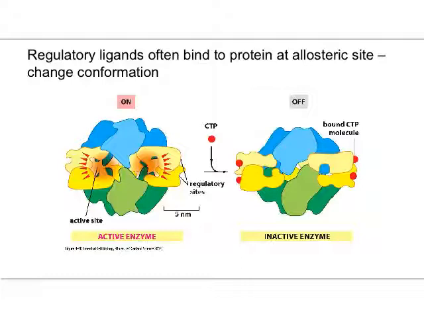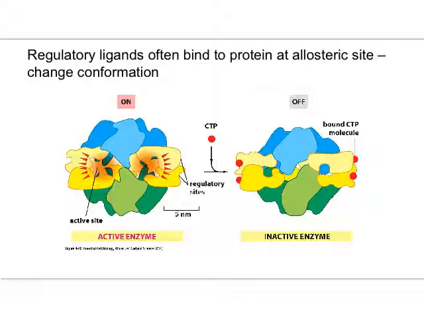This enzyme is aspartate transcarbamylase, and it's an enzyme from E. coli that begins the synthesis of pyrimidine rings for DNA or RNA, and it is inhibited by one of the pyrimidines, cytosine triphosphate. So if there's plenty of one of the products around that it's going to be making, it's inhibited.